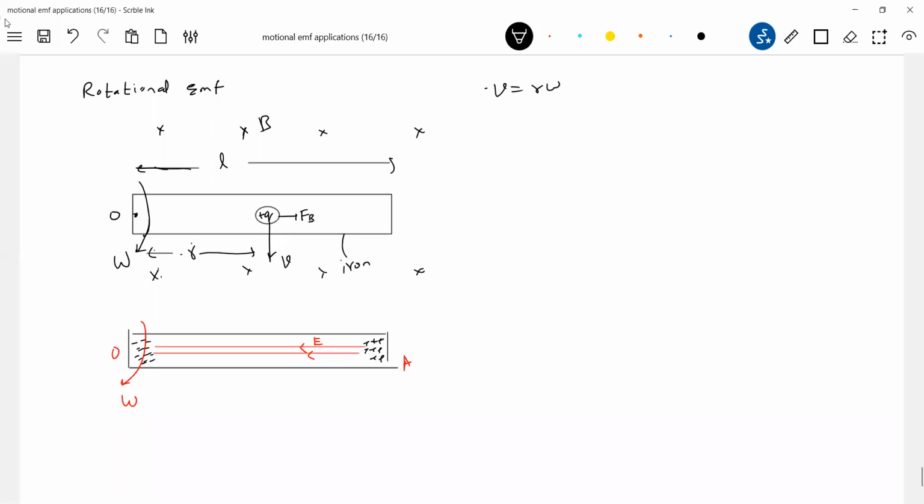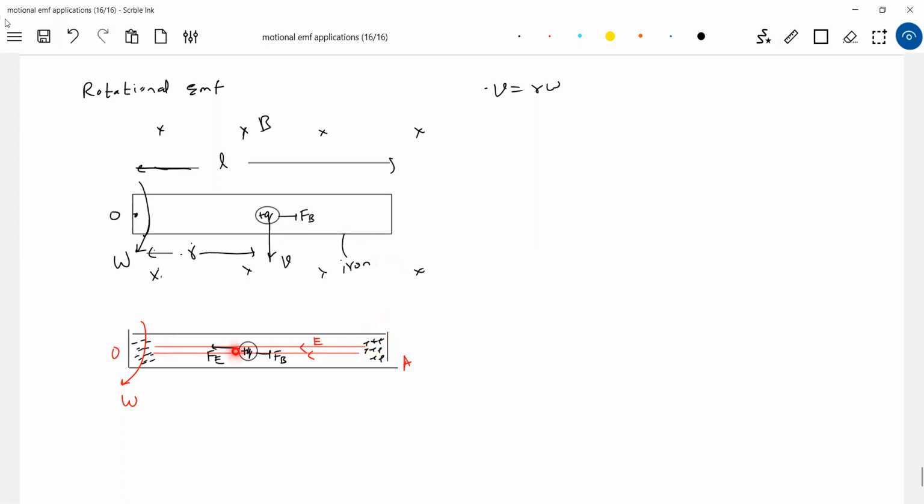Initially, the Lorentz force, or the magnetic force, will be sufficient to push the charge towards the free end. So a deposition of positive charge occurs here, the amount of charge builds up, and a charge layer is set up at the ends, which will produce an electrostatic field.